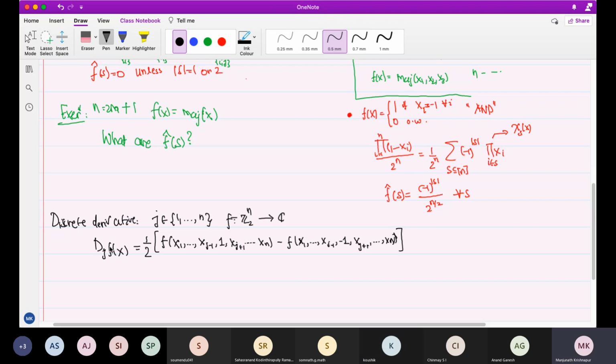It's a good point. The way it is defined here, it doesn't depend at all on x_j.